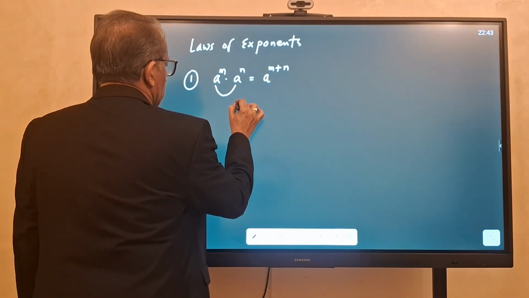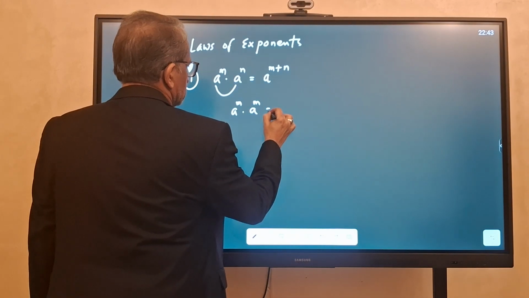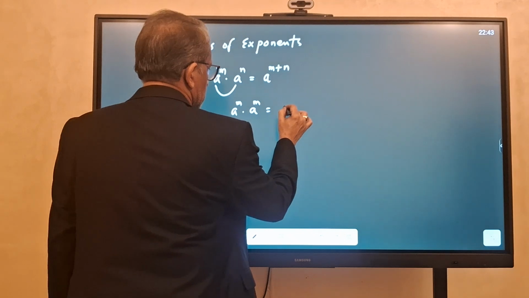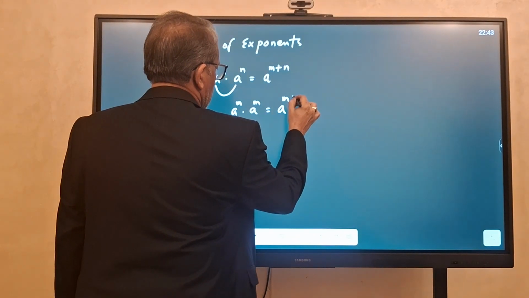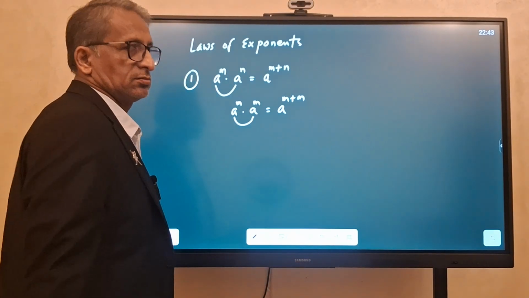But a^m times a^m, what is the answer for this? a^(m+m), because same base.